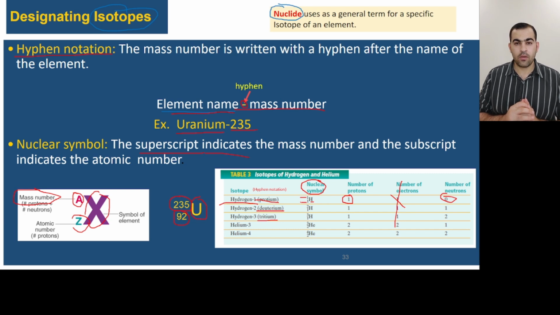Protons number or atomic number I'm going to give you in the exam, so don't worry. For helium-3, helium also has isotopes, it has 2 protons and 1 neutron. So for the nuclear symbol we write the symbol, superscript this mass number, and this is the atomic number. Helium-4 also.